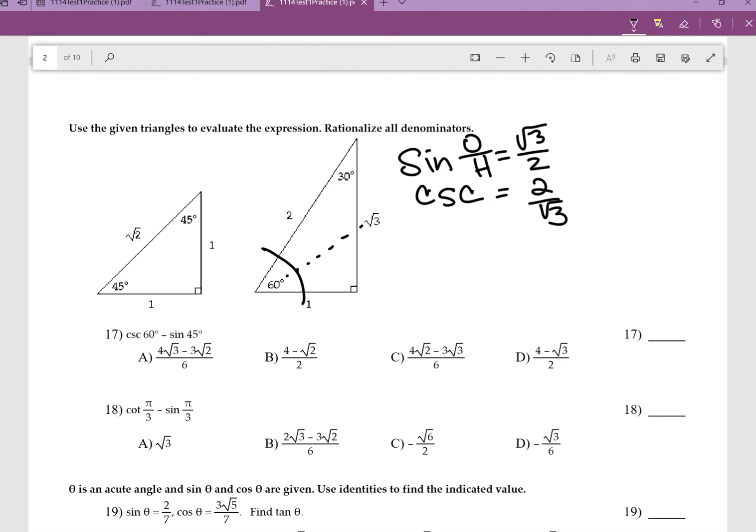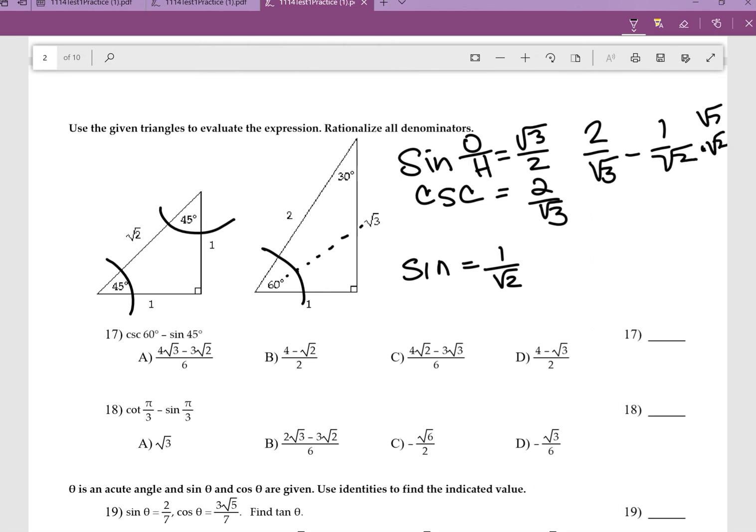Over here, the next part is sine 45. So if I'm looking at sine 45 from either respective side, I'm going to look at opposite over hypotenuse. So this is going to be 1 over square root of 2. And so what I have is 2 over square root of 3 minus 1 over square root of 2. And what I'm going to do is rationalize each respectively. So multiply both by their denominator.